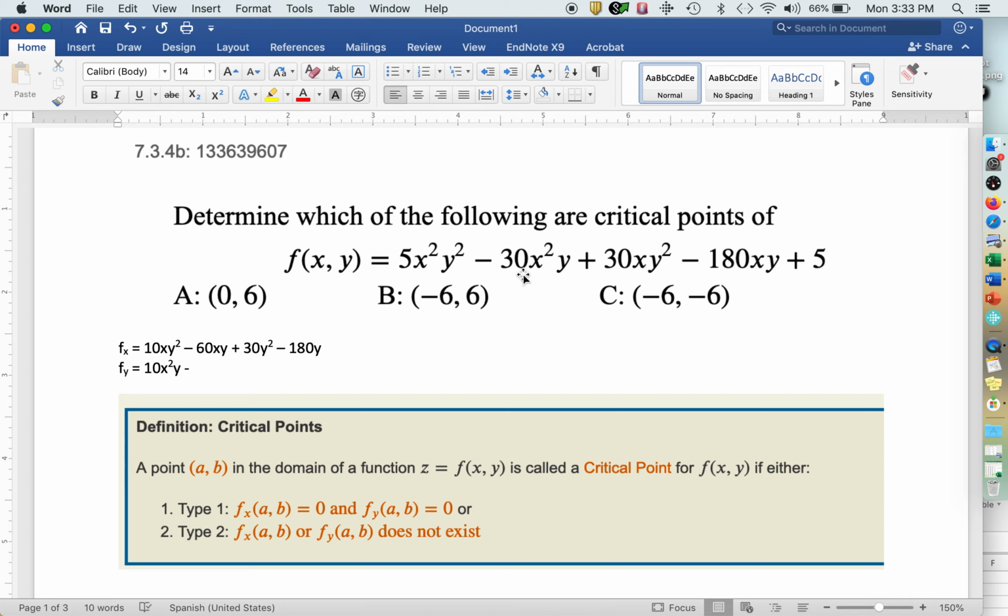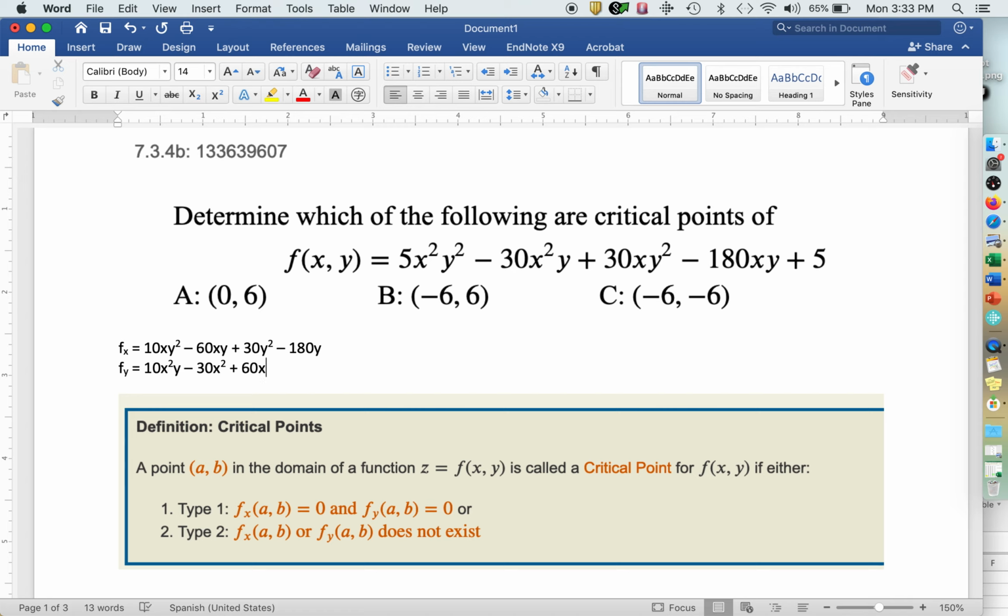Okay, next I have a number. I treat the 30x squared like it's a number times y. The derivative of that is going to be that number. So 30x squared, plus. Okay, so now the next one I have a y squared. I'm going to do power rule on that and get 2y. That 2 will multiply by the 30 and give me a 60.